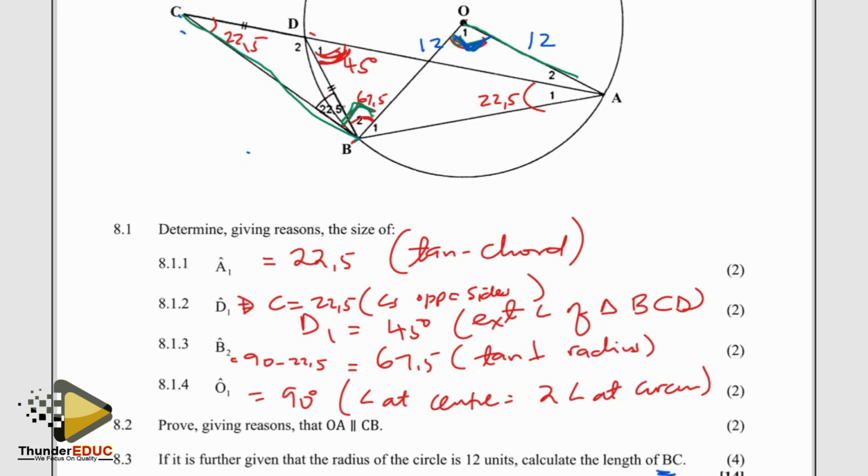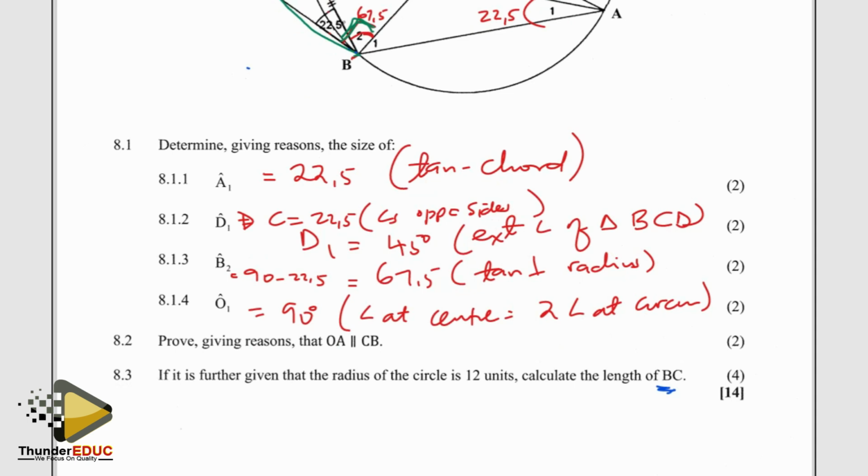All right, so let me get BA first, using the Pythagoras. So that's going to be the square root of 12 squared plus another 12 squared, which gives me 12 root 2.